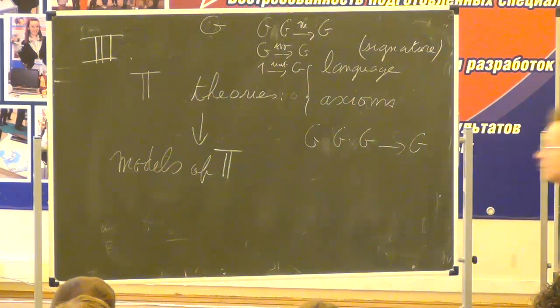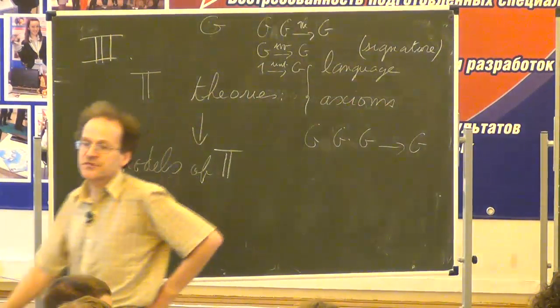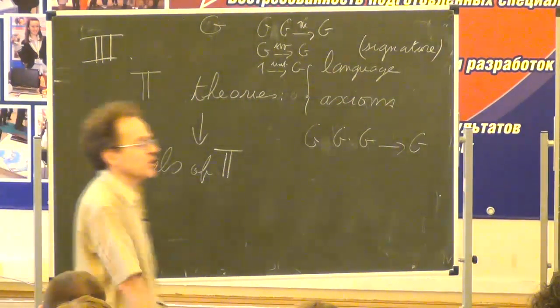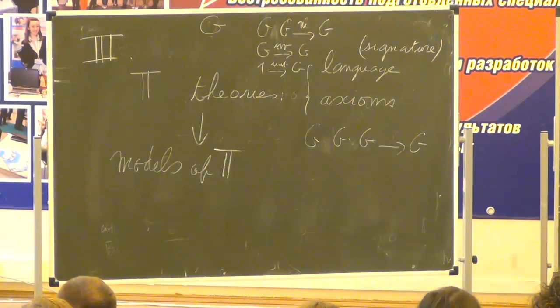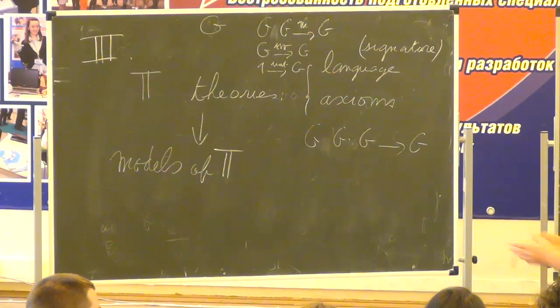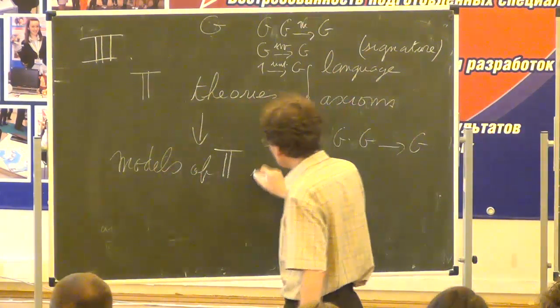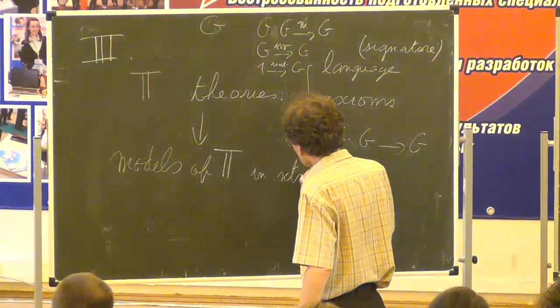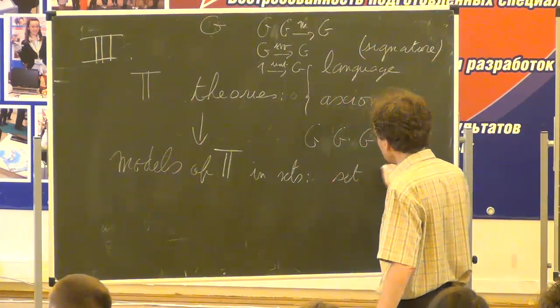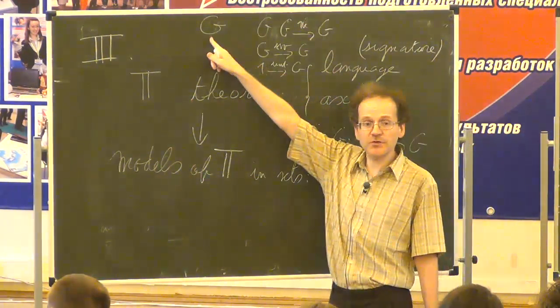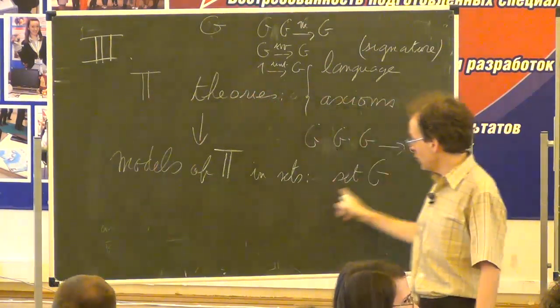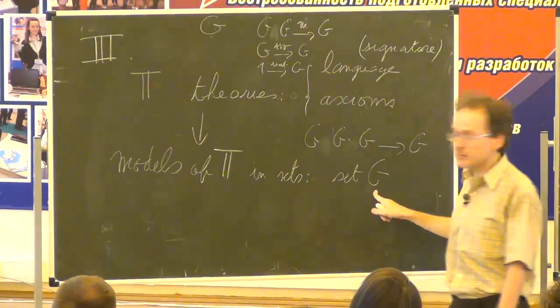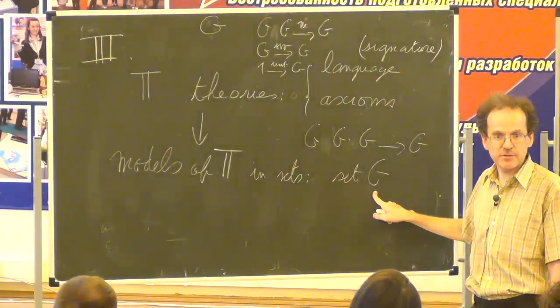By now, what is a model of T? Usually, mathematicians are used to considering set theoretic models. So, a model of T in sets is a set G. The first word, which is the name of an object, will here become the name of a set.